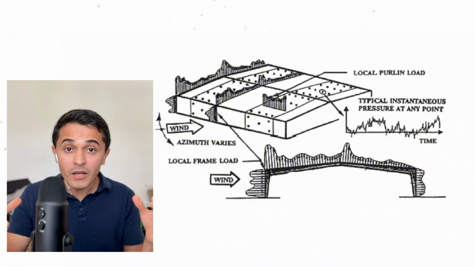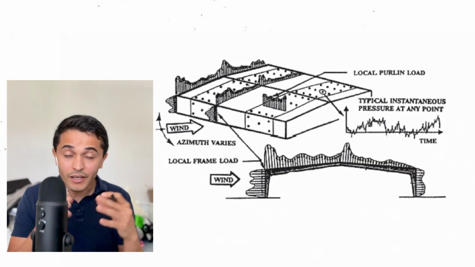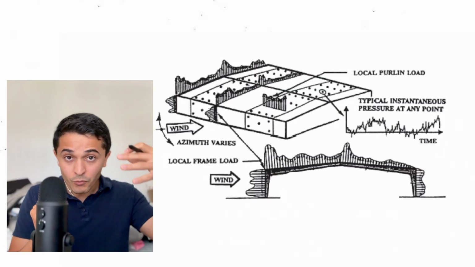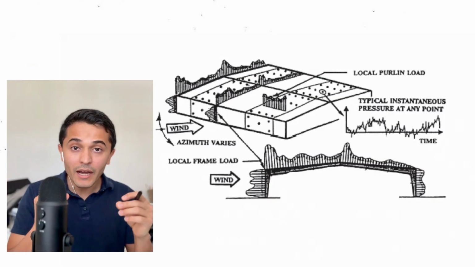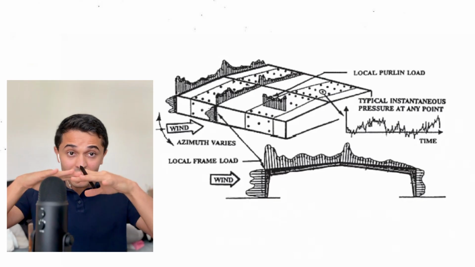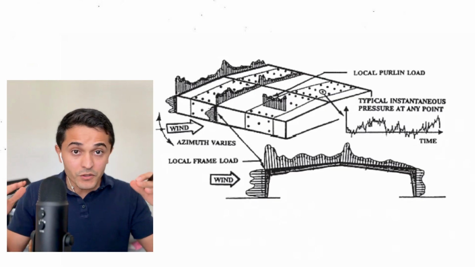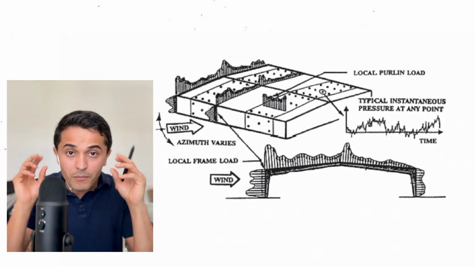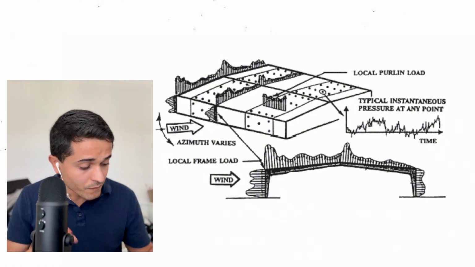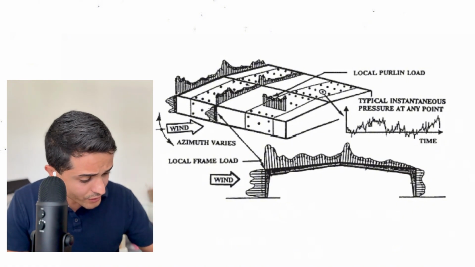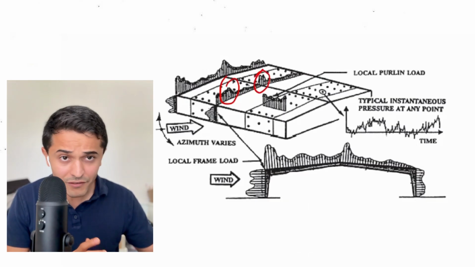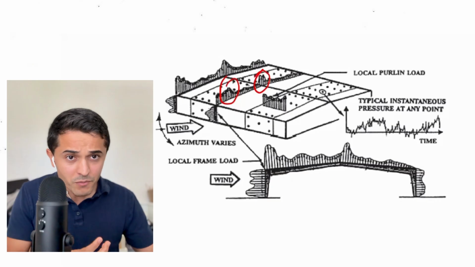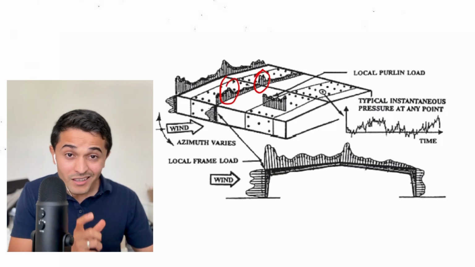So even though, yes, the pressures will be higher at corners, it will be higher in ridges, in abrupt geometry changes, it will also be higher even in the field zone when everything is constant, just because in certain areas there may be what I would call hot spots. So we see here, for example, there may be a hot spot in this area, there may be a hot spot here, even if everything is a little bit flat, just because of the nature of wind.